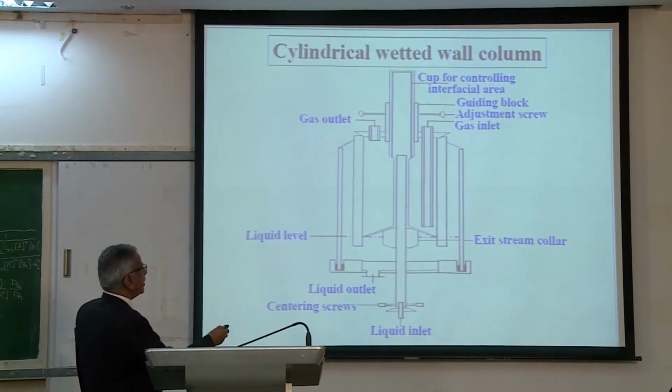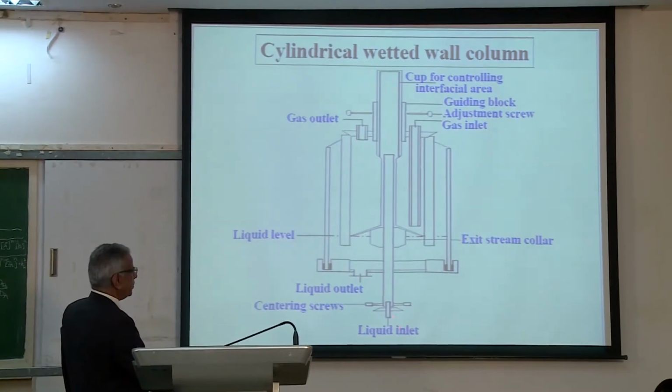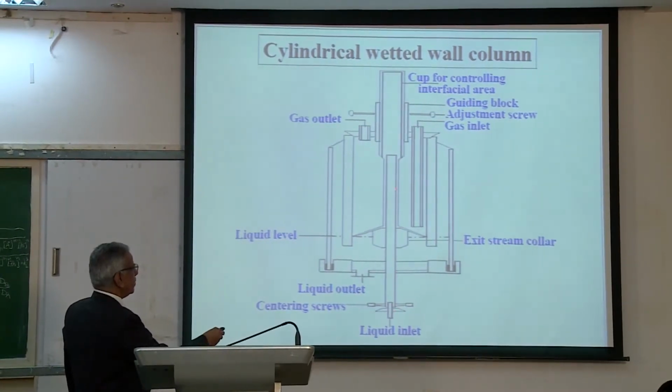Liquid comes, there is a hollow pipe here, and liquid enters here, goes up, and it overflows here and flows outside the pipe as a film, and the contact between gas and liquid is pi times d times L, that is the area of contact, which is known.